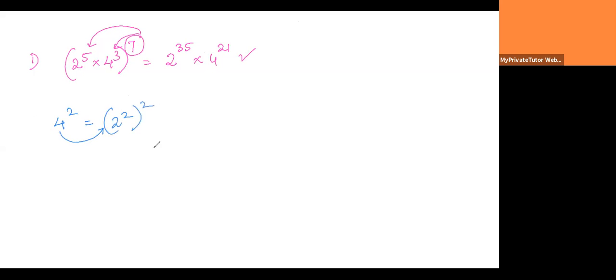I hope everyone agrees to this. We know that 4 can be written as 2 square. So 4 square becomes 2 square squared: 2 power 2 whole power 2, which means 2 power 4. What I mean to say is, 4 square is the same as 2 power 4.